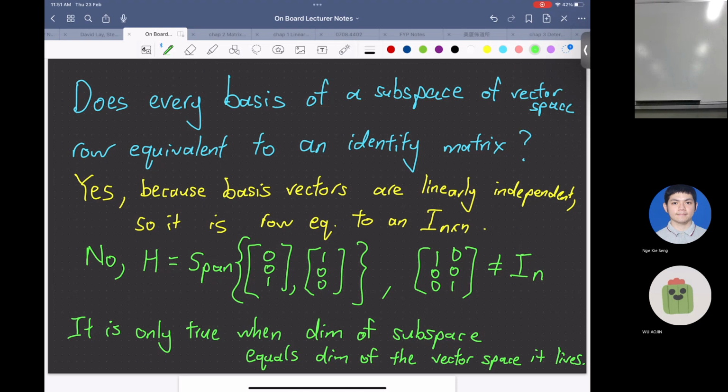We don't do it here. If the dimension of the subspace equals the dimension of the vector space, that subspace is actually the original vector space.